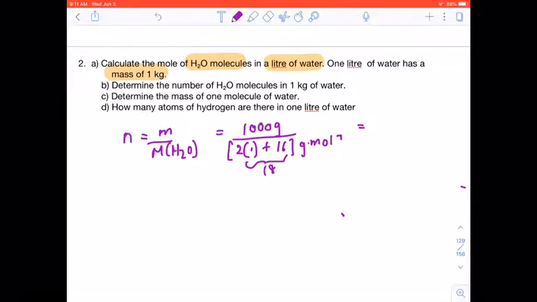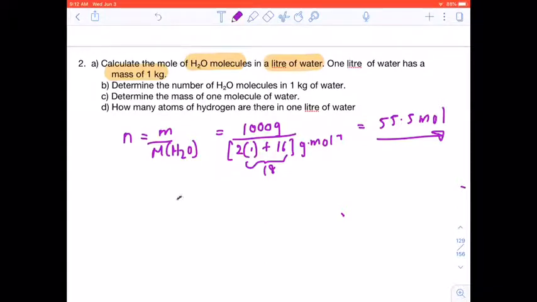So 1,000 upon 18 gives us 55.5 moles of H2O molecules. Right, now it says determine the number of H2O molecules in 1 kilogram of water.